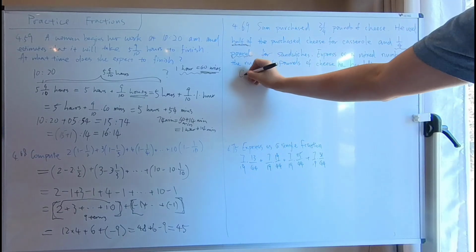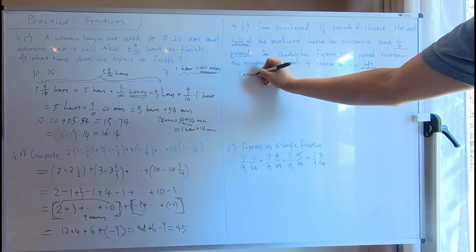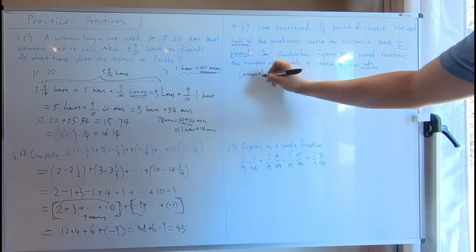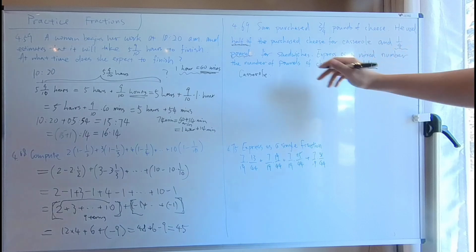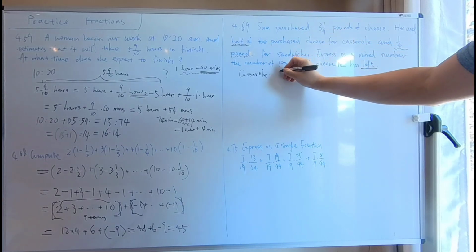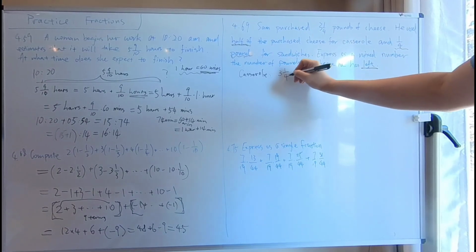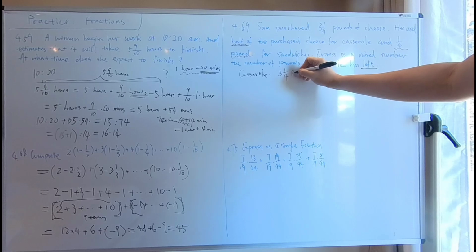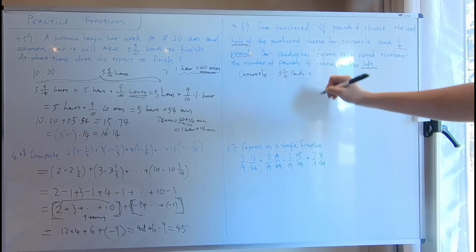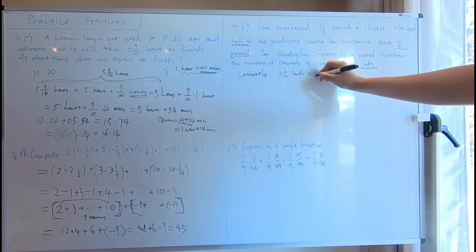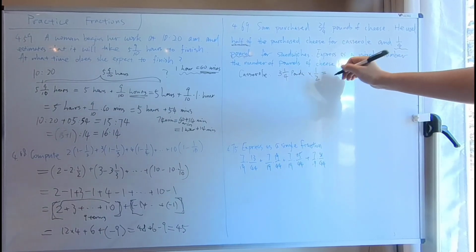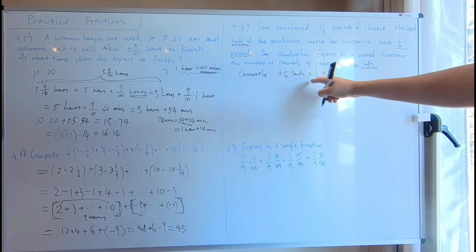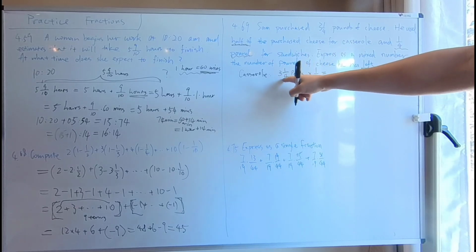So that means, casserole, let's read this again. He used half of the purchased cheese for casserole. So what was purchased is 3 and 1/4 pounds. And then half, which means you multiply by 1/2 or divide by 2, is used for casserole. So then simplify this again.